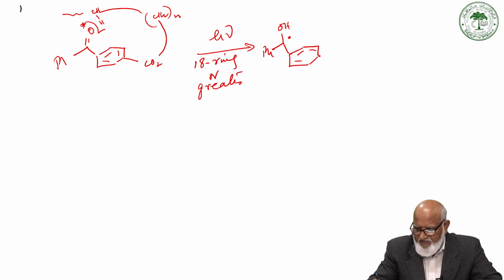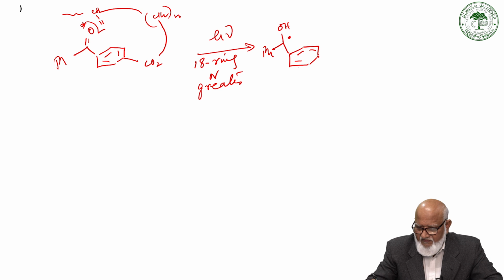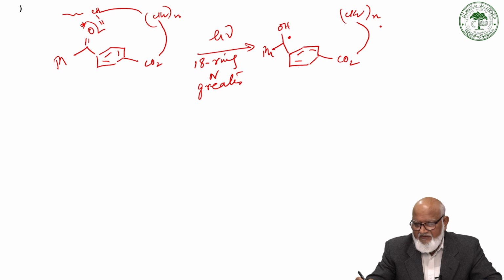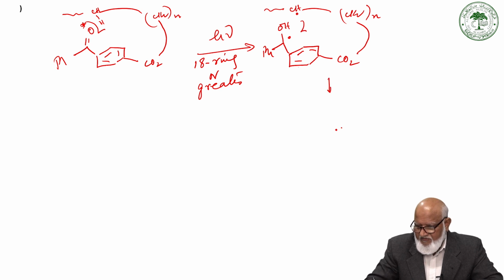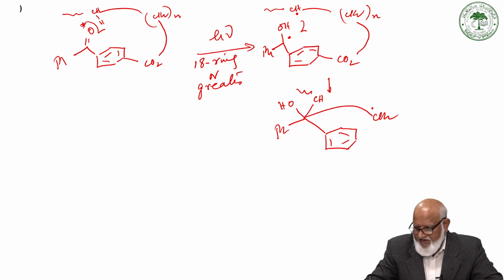So we have a para position here. Sorry, we have C double bond O, CH2, a long chain, generating a CH radical. This will combine to give a CH, OH, Ph, CH2, CO2.